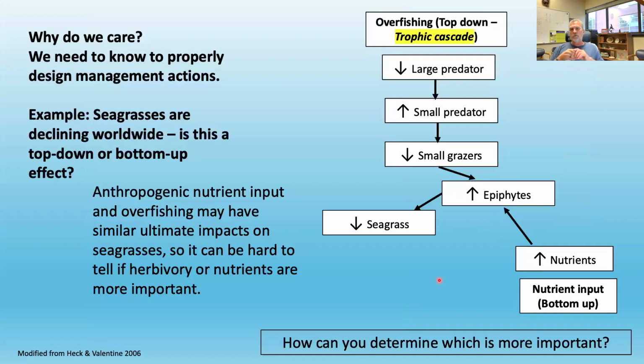All right, so why do we care about this? Well, a lot of it comes back to adaptive management, right? We need to know how to properly design our management approaches in order to be able to, say, restore these biologic communities, maybe for their intrinsic ecologic values, maybe because of the secondary impacts that has on our anthropogenic interests.